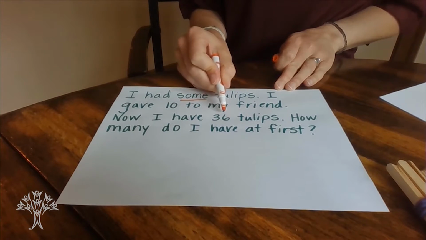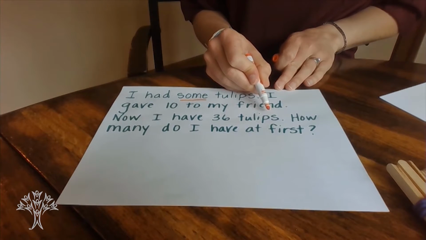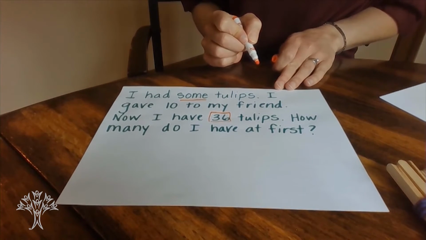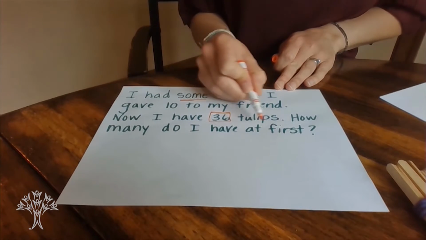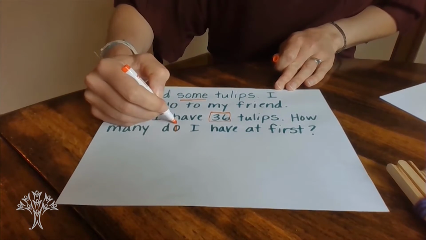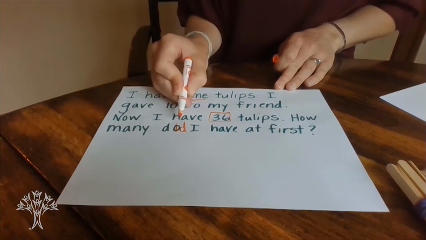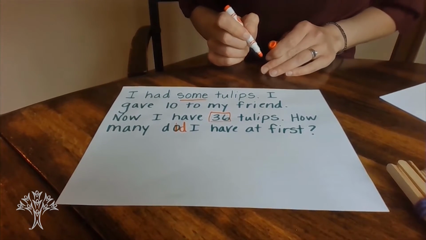Now I have 36 tulips. Wow, so do I still have quite a few tulips? And how many, I made a mistake here. Oops, mistakes happen. We'll need to fix that. How many did I have at first?